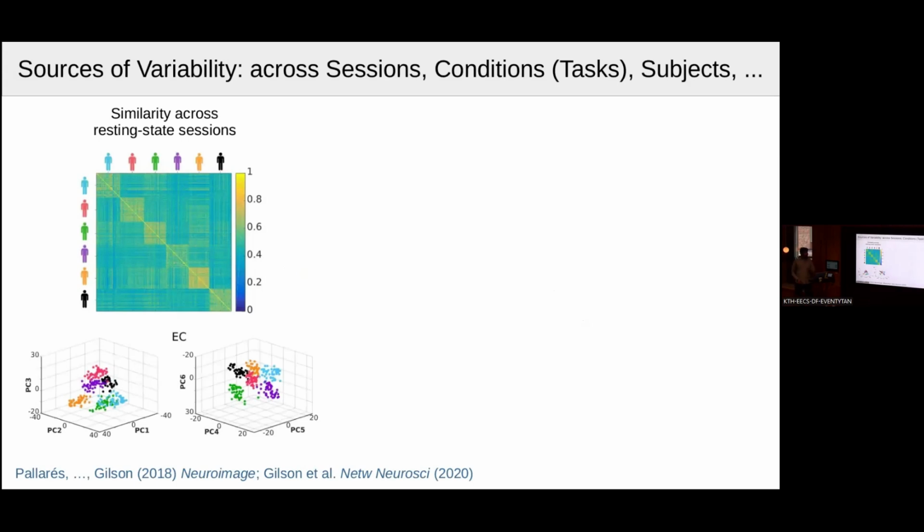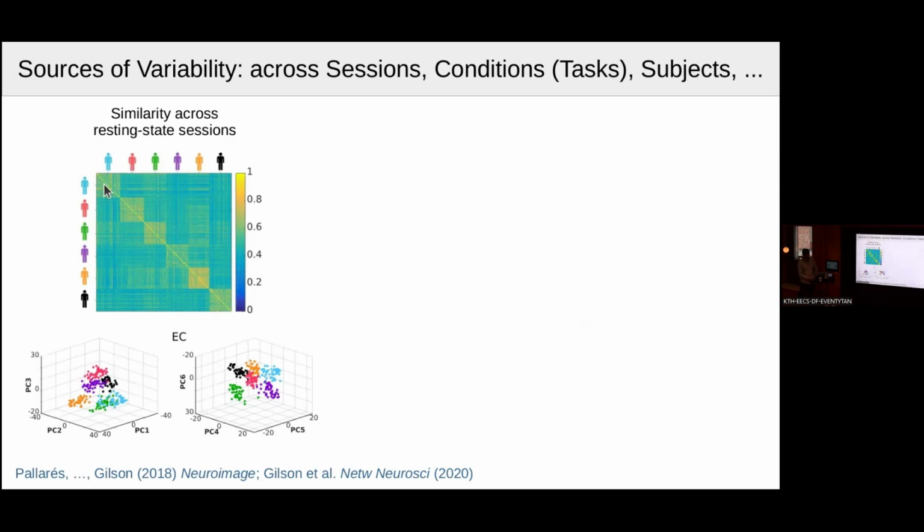So why we need to use this technique is that it's well known in fMRI that you've got different sources of variability, and one of these is subject bias. So if you look at, this is another data set, so you've got 6 subjects here. They've been scanned like 40 to 50 times each.